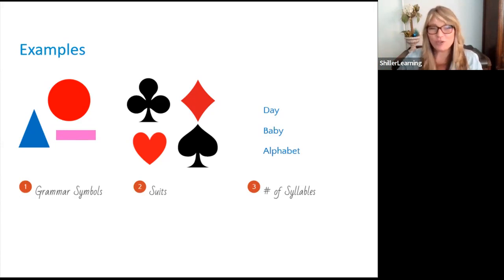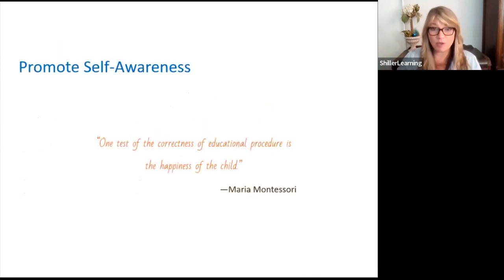So when you're doing that, just remember to pull that 3-period lesson out of your back pocket. So, whether it's the water cycle, place value, or formulas for area, perimeter, volume, you can apply that 3-period lesson to all of those.